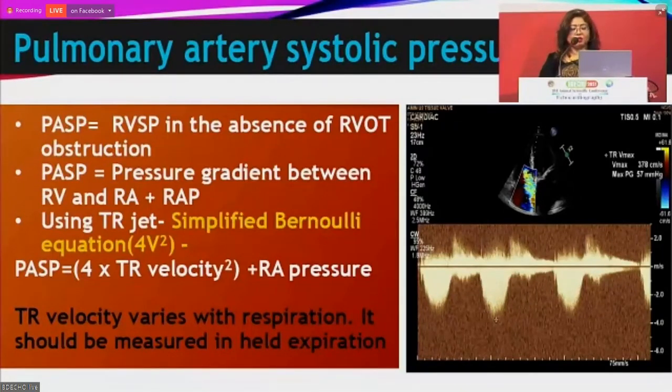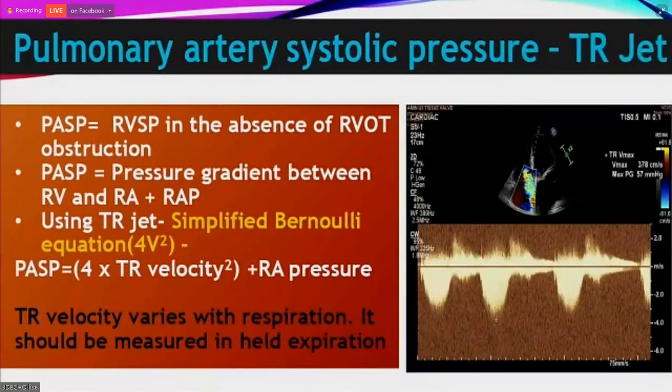Pulmonary artery systolic pressure is equivalent to right ventricular systolic pressure in the absence of RVOT obstruction. So the pulmonary artery systolic pressure is the gradient between the RA and RV plus RA pressure. Using the TR jet, we use the simplified Bernoulli equation: 4 times TR velocity squared plus RA pressure.